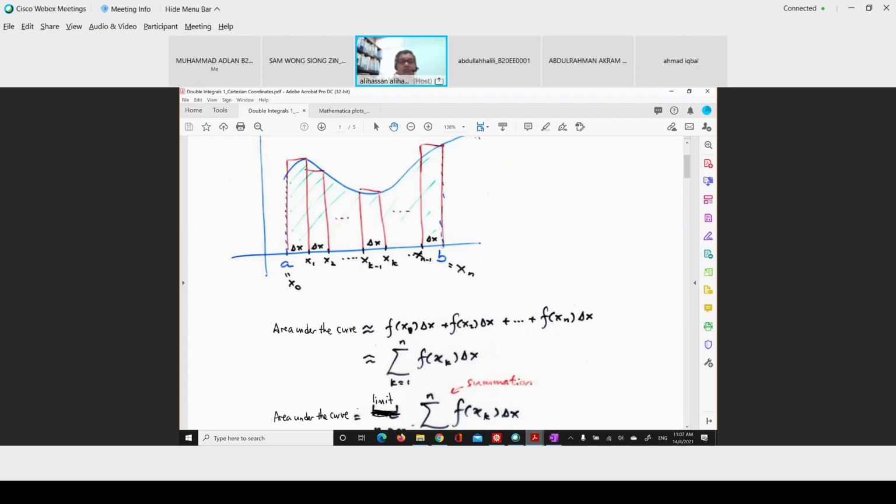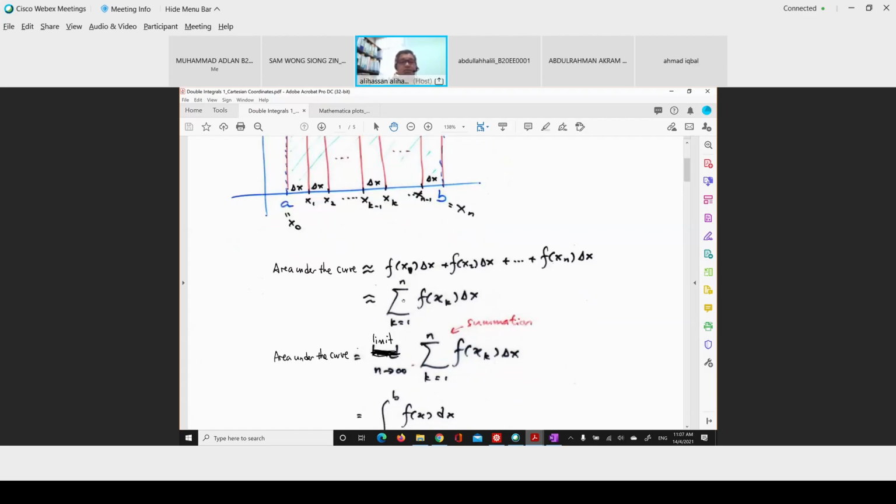Over the last subinterval, the height is f evaluated at xn, where b is xn, times the width, which is again delta x. So the sum can be written in terms of this summation notation. This gives us an estimate of the actual area under the curve.